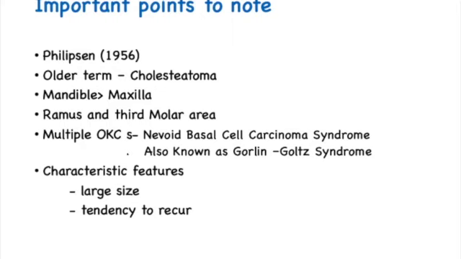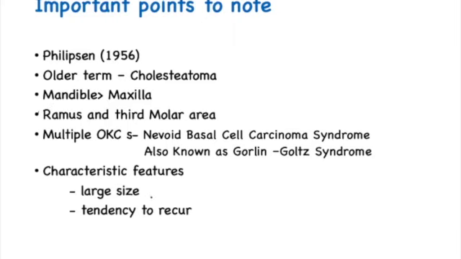A very characteristic feature of OKC is its large size before it is diagnosed. Another important feature is the tendency to recur, especially the OKCs that occur at the angle of the mandible, which show a high tendency to recur.